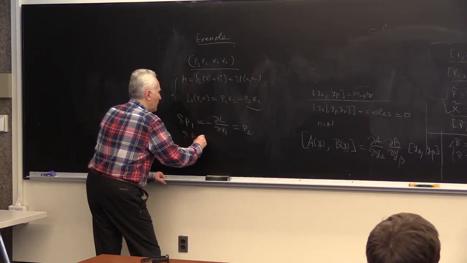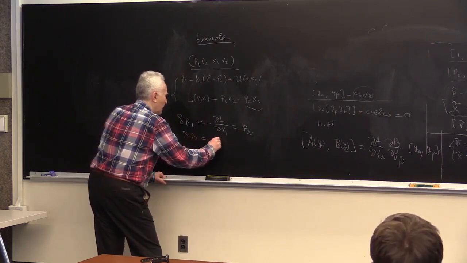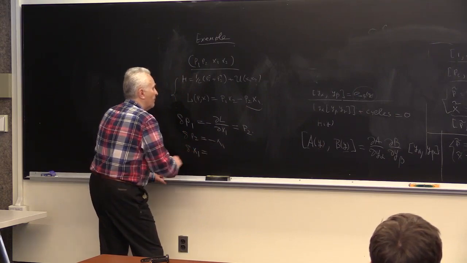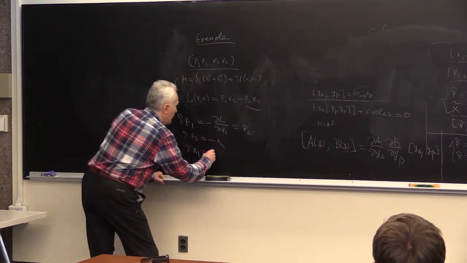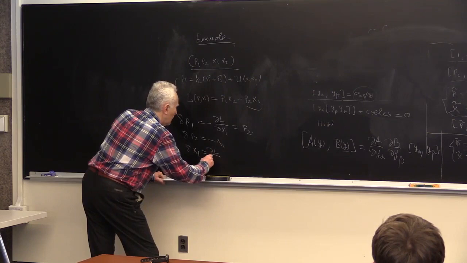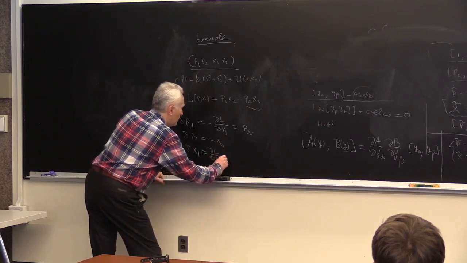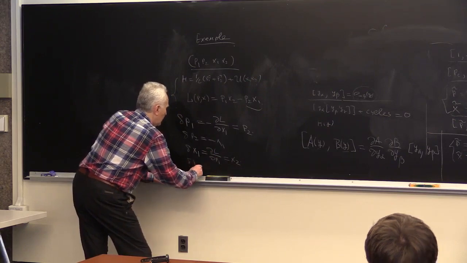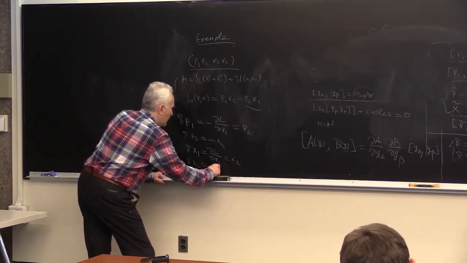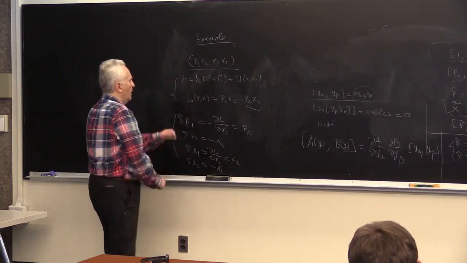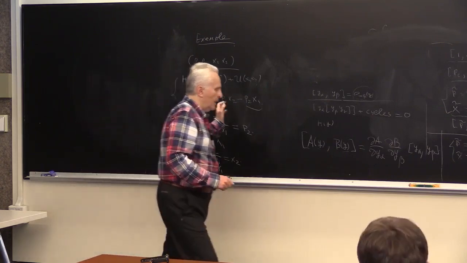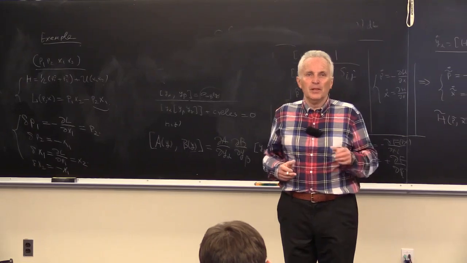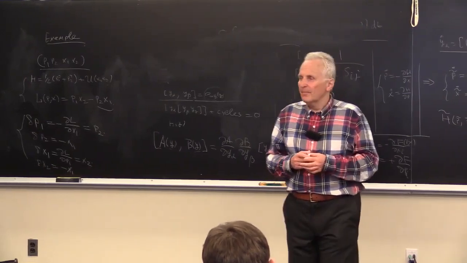Delta P2 will be minus x1. Delta x1 will be dL over dp1, so it will be x2, and delta x2 will be minus x1. That's elementary algebra. Now, what does it all mean, what kind of transformation did we actually perform?